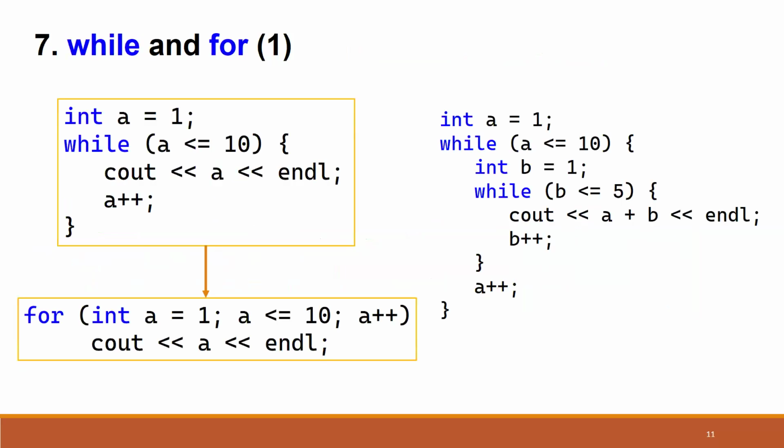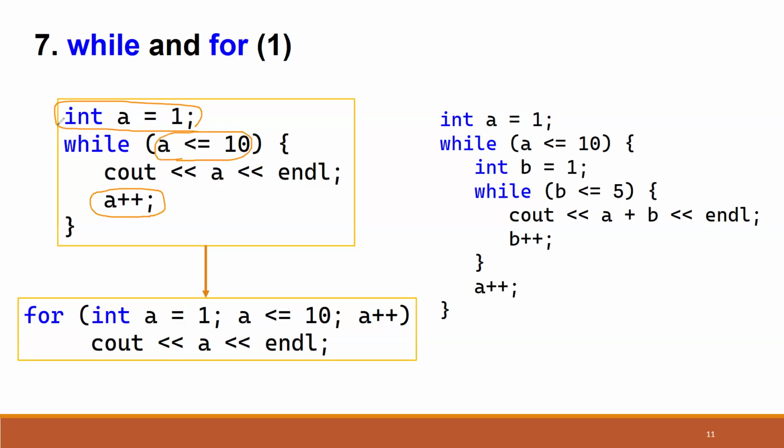And while and for, I also ask you to write a while loop. You are given a while loop or for loop, and I ask you to convert. Look at this one. In the while loop, I told you that the important things are the starting point, the incrementing or decrementing, some updating, and this is the condition.